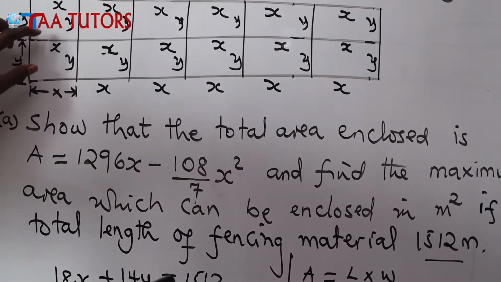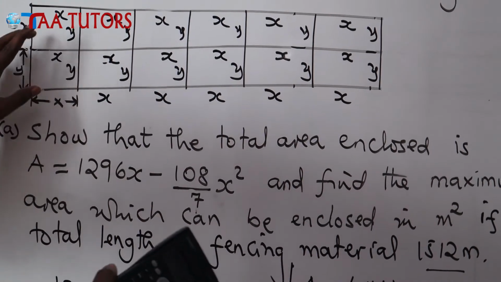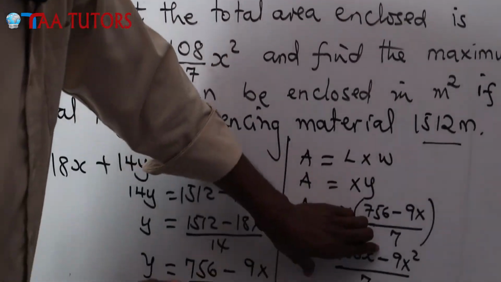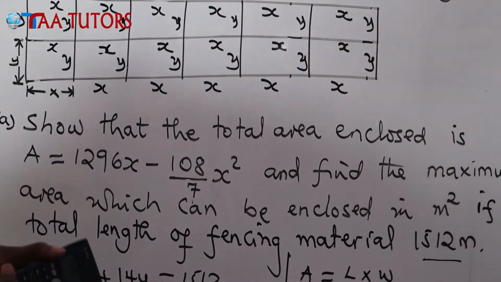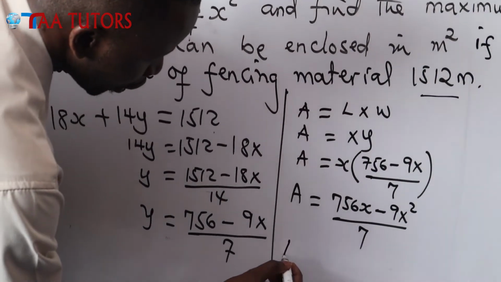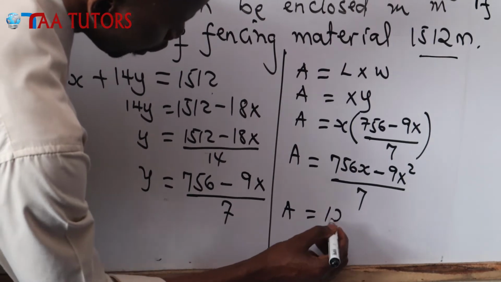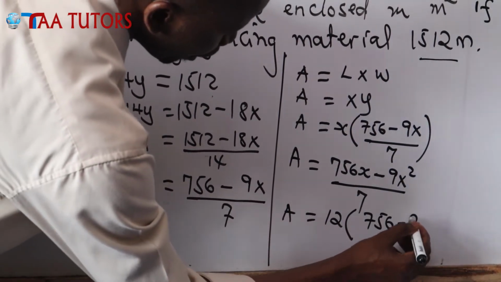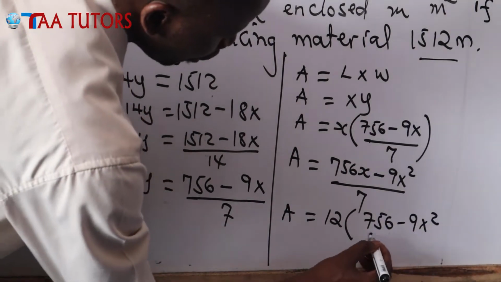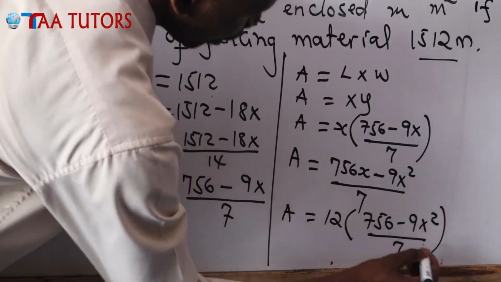Now we know that the total area we are told about is this small rectangle times 12, because there are 12 small rectangles here. So the total area will be 12 into 756x minus 9x squared over 7, like that.